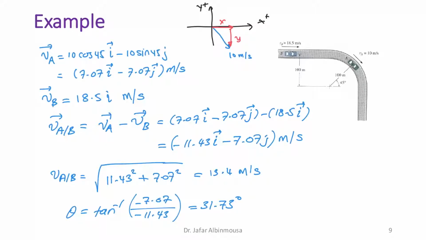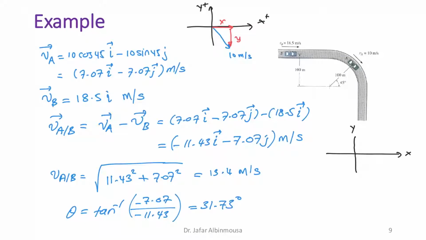Now, if we want to represent this angle, you just need to look carefully over here. This is the positive x, this is the positive y. As we showed, the VP is going in the positive x, while this one is going in an inclined angle.